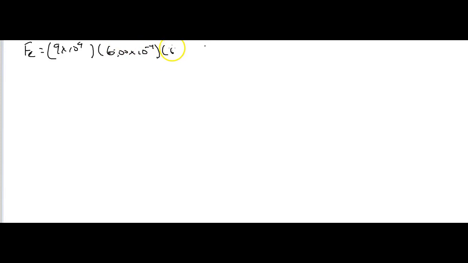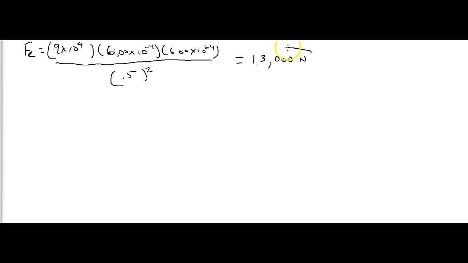It says 2 charges of that, so 6.00 times 10 to the negative fourth. That's often said in these problems. And then divided by the distance between them, which is 0.5 squared. Put that on my calculator, and I get 12,960. So we're going to write that as 13,000 newtons. All right, so these are easy enough to do.